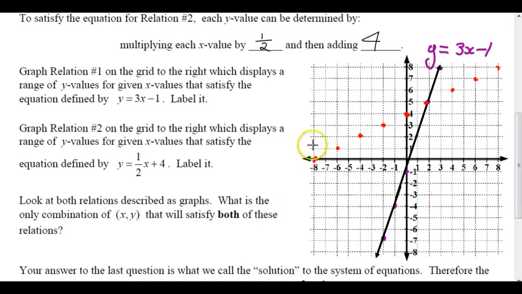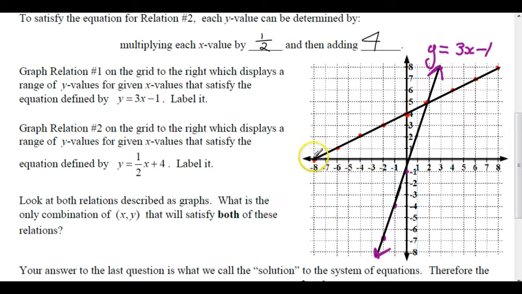Draw the line. All right, let's see if I can get a better line. There we go. And let's make those arrows obvious. Okay, arrowheads.